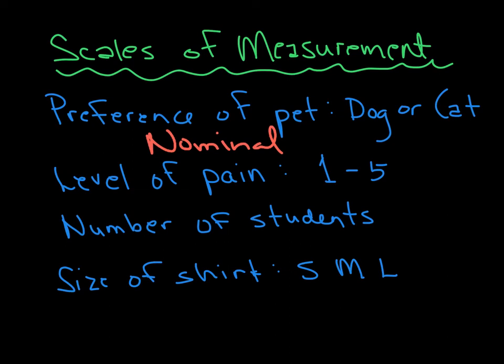Level of pain, 1 to 5. Ooh, this is where it gets interesting. So level of pain starts at 1. There's no 0, right? And so we know that it's not nominal because it's not categories. We're talking about having a range of possibilities. It's not really a ranking, or it's not ordinal, because we can actually subtract 1 from 5 and say, oh, there's a difference of 4 between the pain levels.